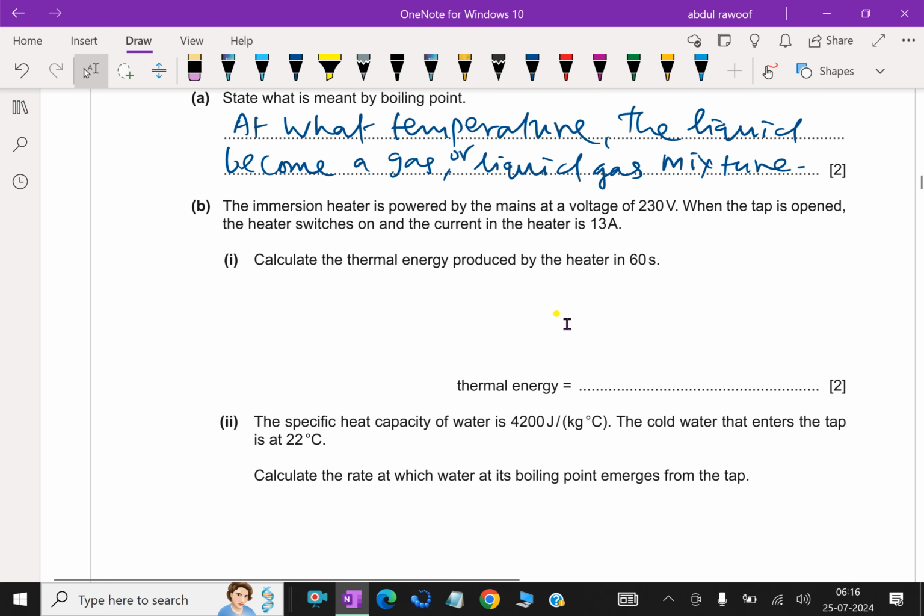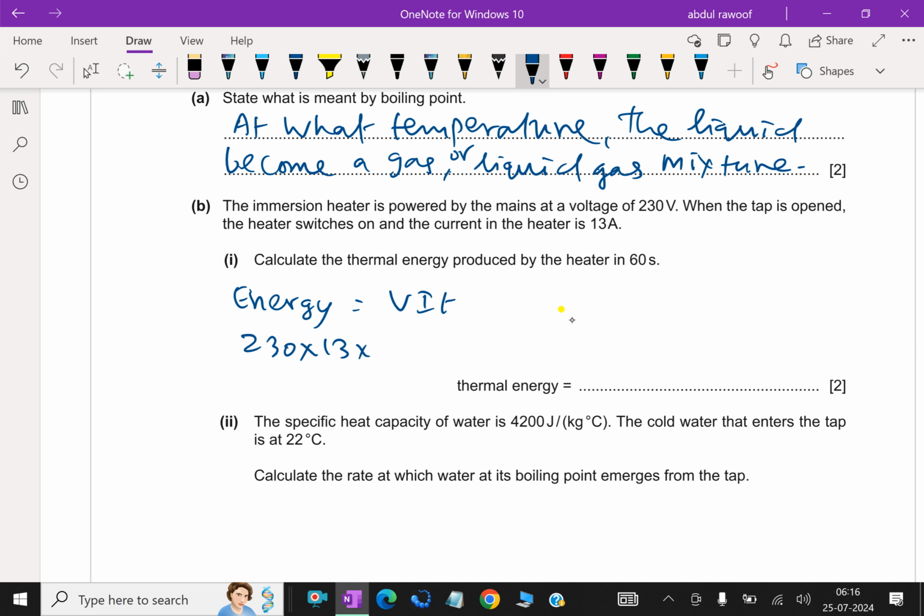Calculate the thermal energy. Thermal energy is VIT. Voltage is 230, current is 13, and time is 60 seconds.